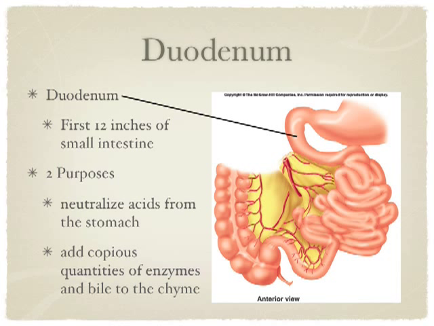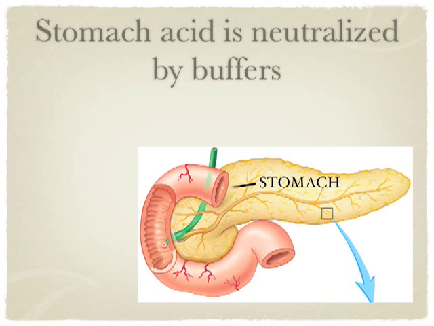If we focus more closely on just the duodenum here, of course, the stomach leads in, and the next section, the jejunum, is what comes out of here. If you look closely, you can see the entrance of both the tube from the liver, the bile duct, and the tube that comes through the pancreas.